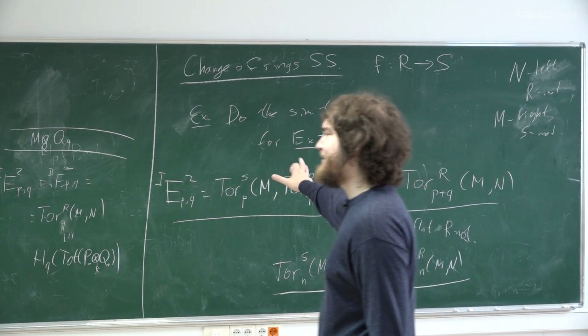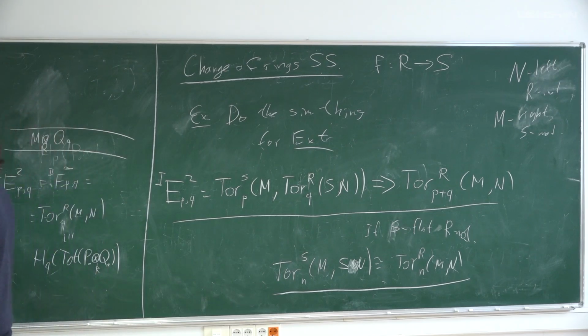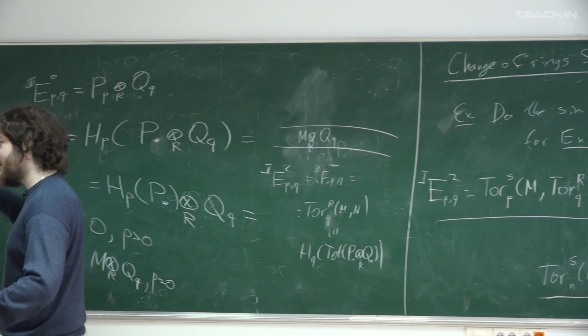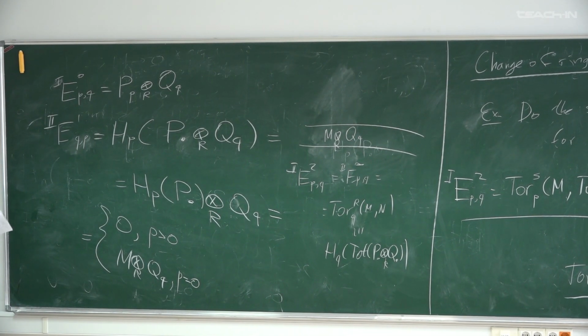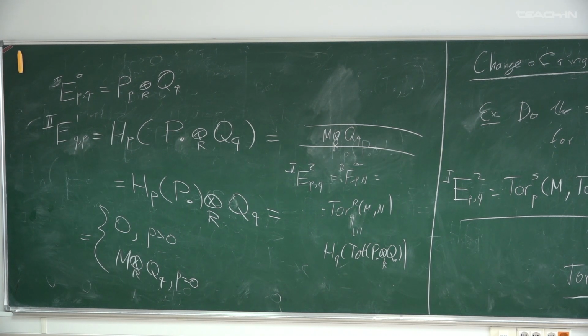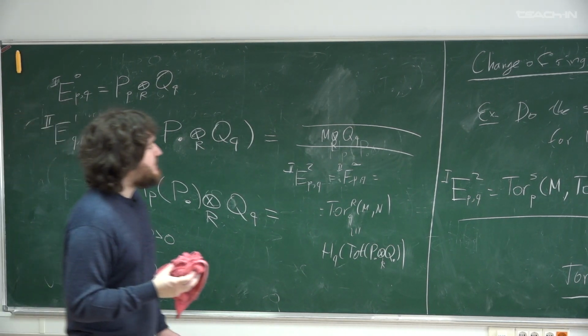It's the same. In the same manner, if you have two chain complexes, you can also consider Hom from one to another. It's also a double complex, total complex, and you have a spectral sequence and so on. Okay. Change of rings spectral sequence.